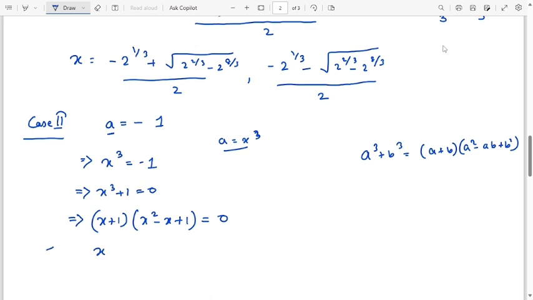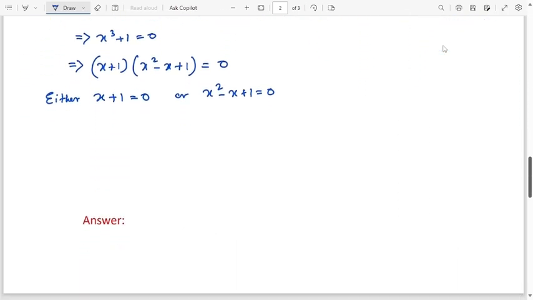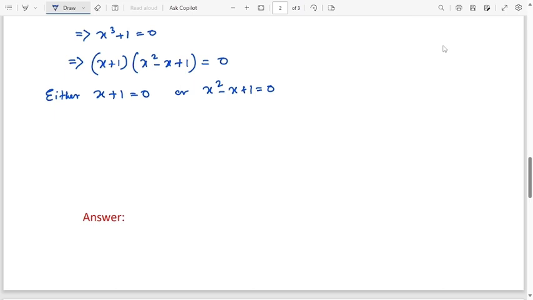From here, either x + 1 = 0 or x² − x + 1 = 0. For x + 1 = 0, we get x = −1. This is one solution. And now we have x² − x + 1 = 0.